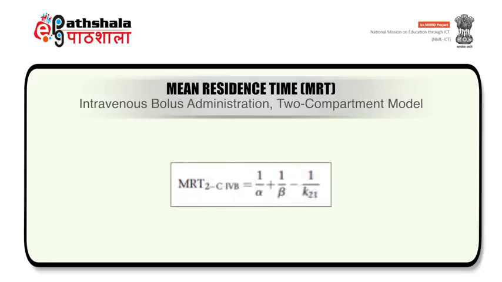However, since alpha beta is nothing else but the product of K10 and K21, the equation can further be changed as MRT is equal to 1 over alpha plus 1 upon beta minus 1 over K21.